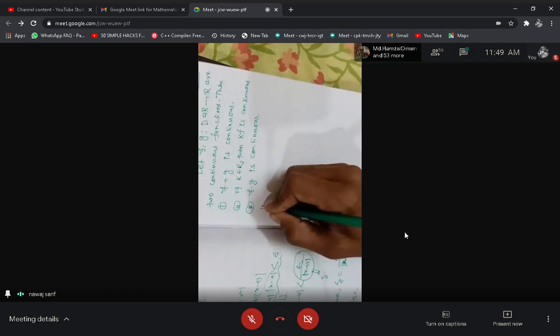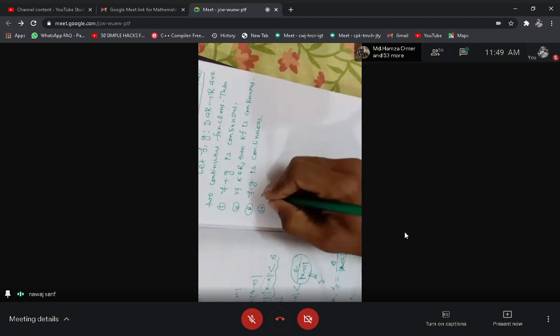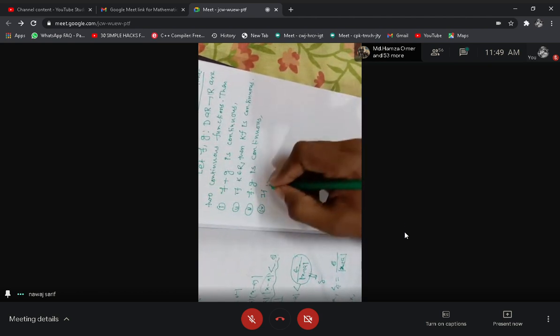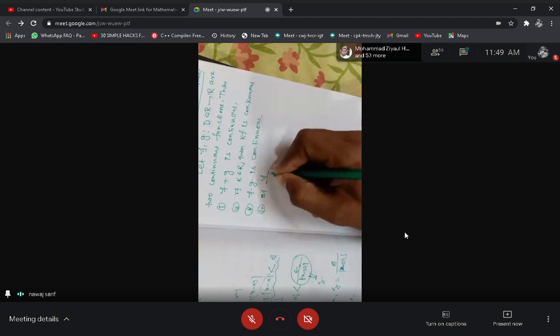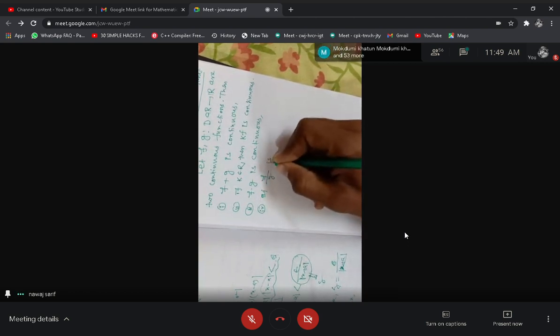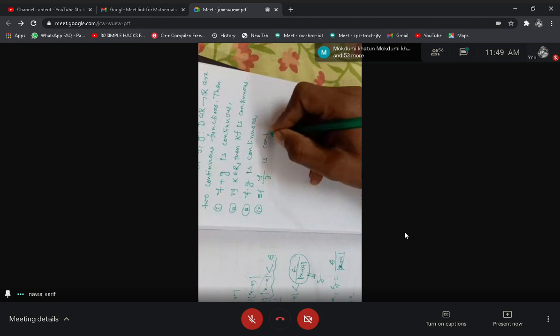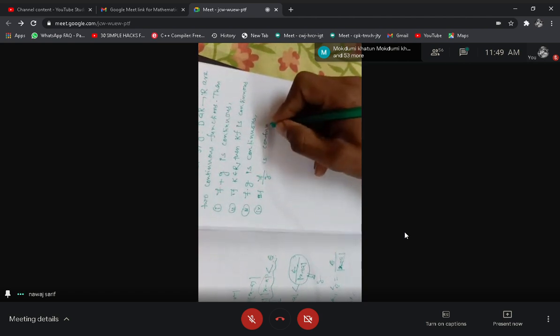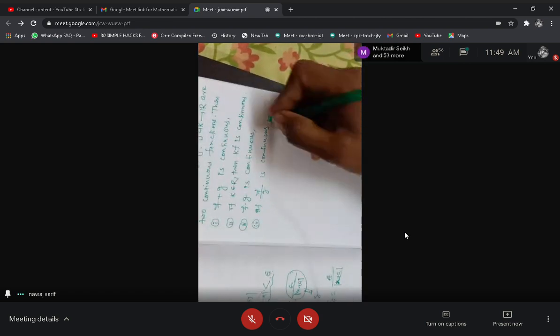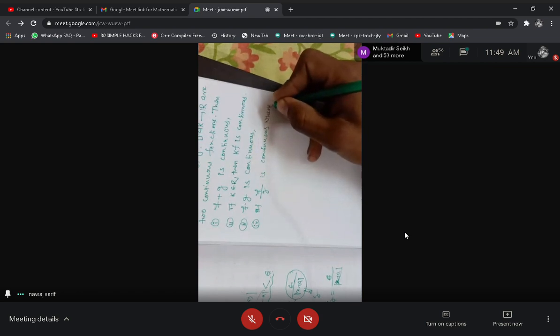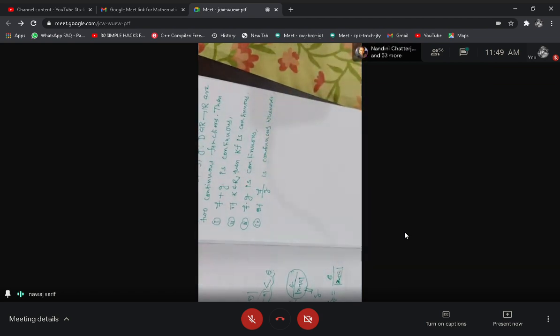And number 4, f upon g is continuous when, what will be the condition?